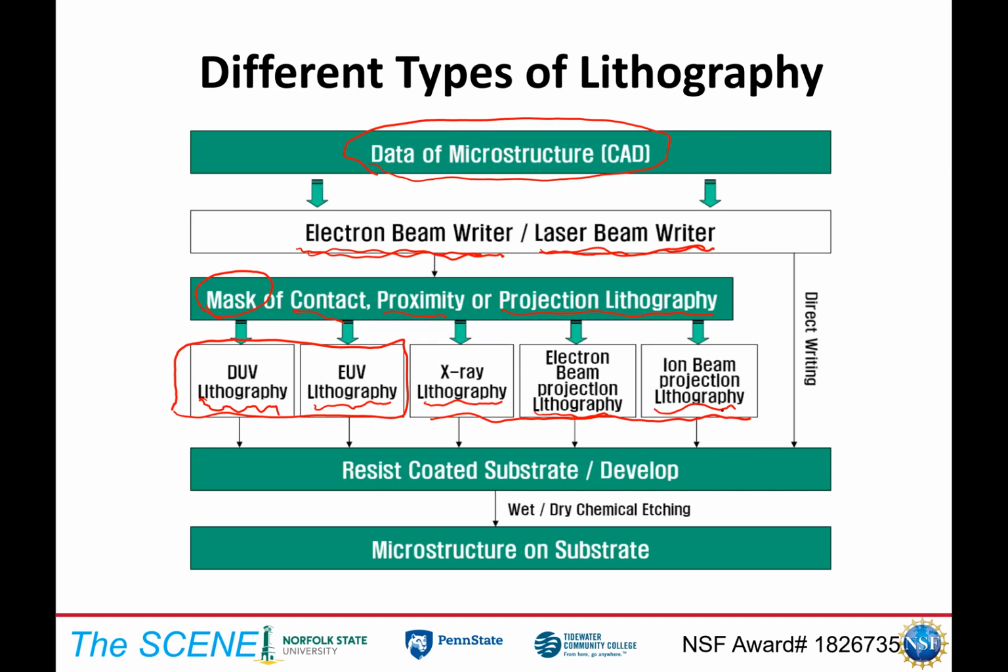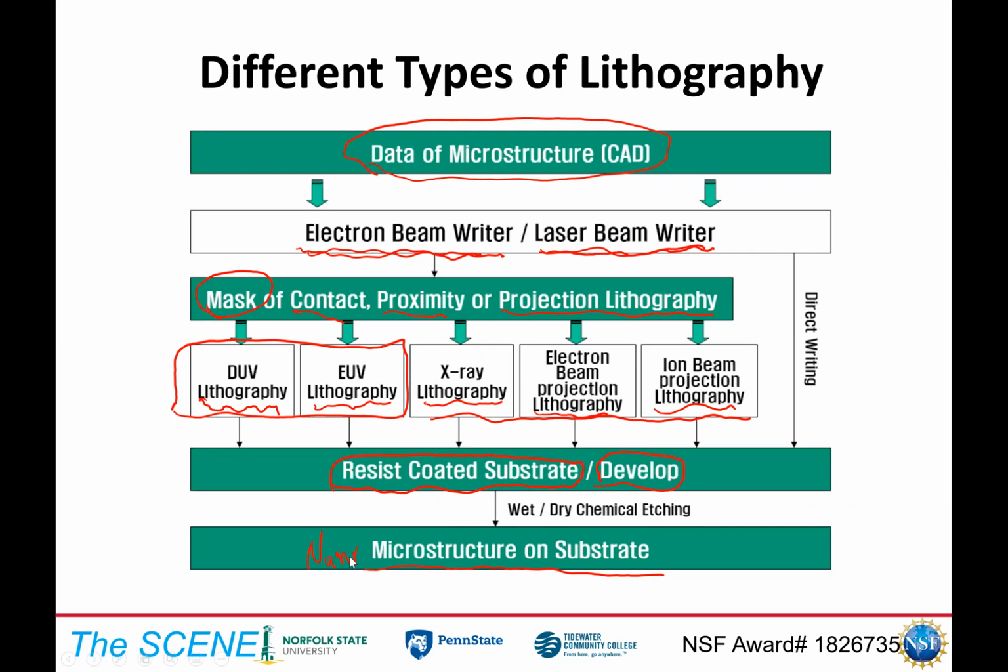So now with that mask, you can do the actual lithography, by coating the resist on the substrate, and then do the UV exposure, and then do the developing. Then you can have some micro or nanostructure on the substrate.